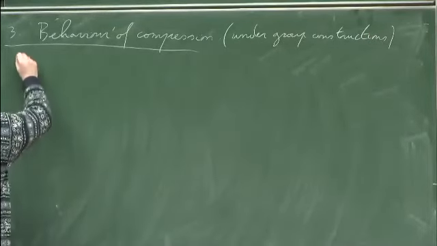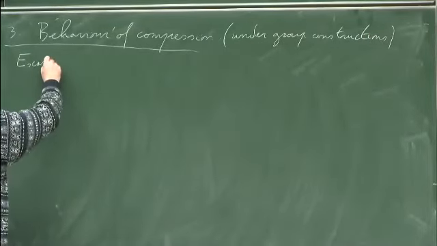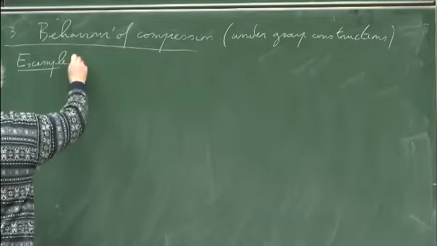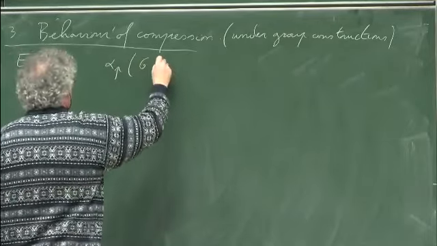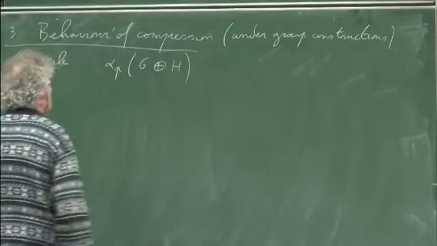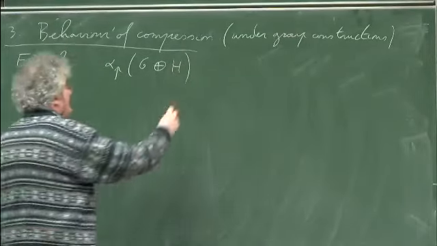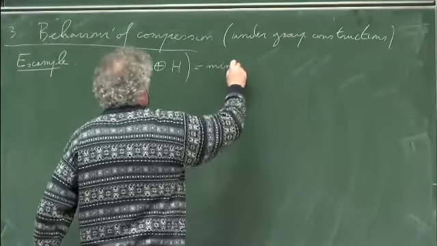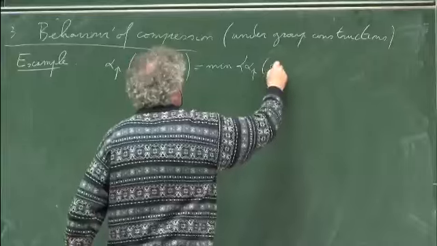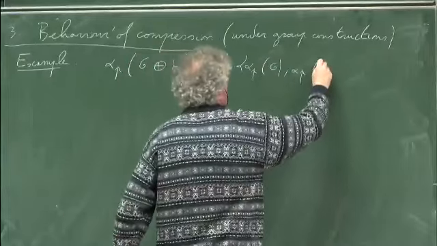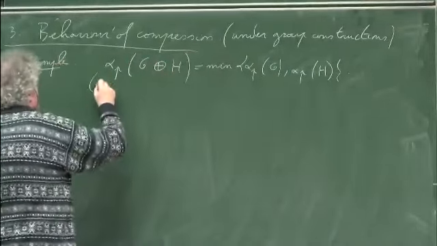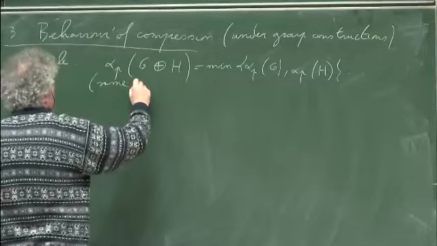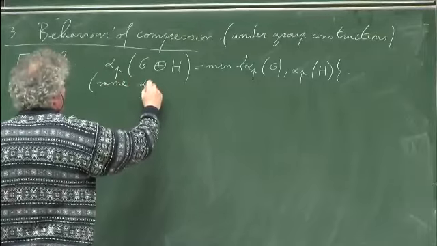To start with a trivial example, the compression of a direct sum is the minimum of the compressions, and the same for LP equivariant compression, so the same for alpha p sharp.